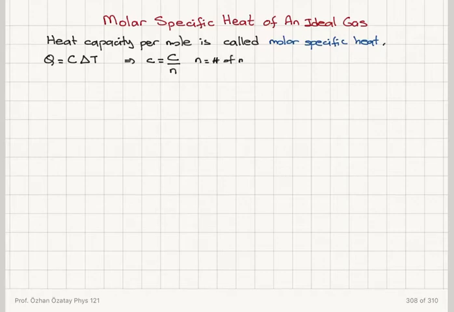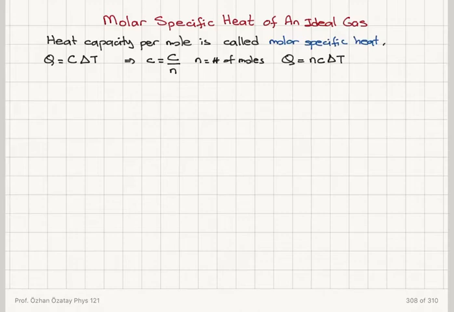So I find that the heat added to the system is now molar specific heat C times N, number of moles, times delta T.